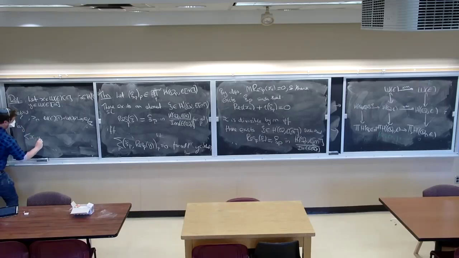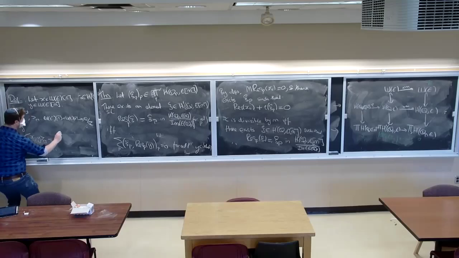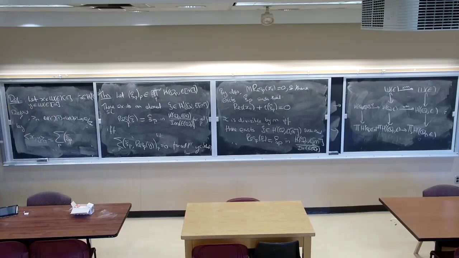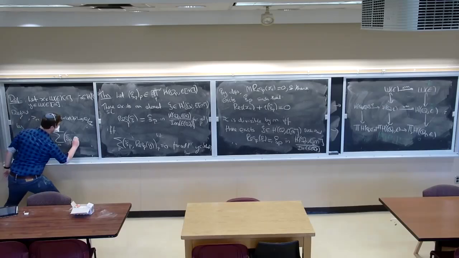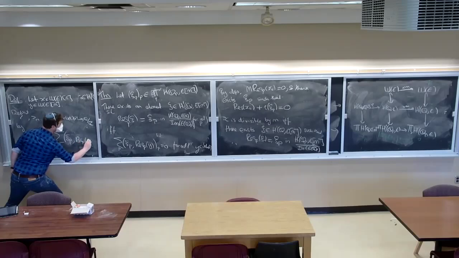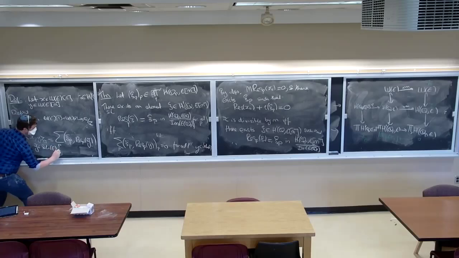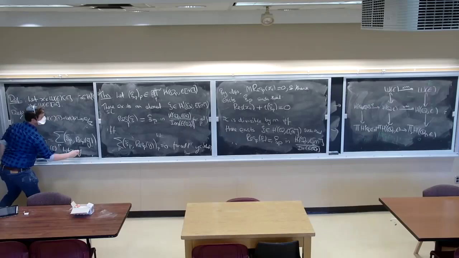The pairing of x and y is going to be the sum over all p of this psi_p that I construct by this whole recipe, paired with the restriction at p of y tilde, where y tilde is any element of the m-Selmer group that lifts y.